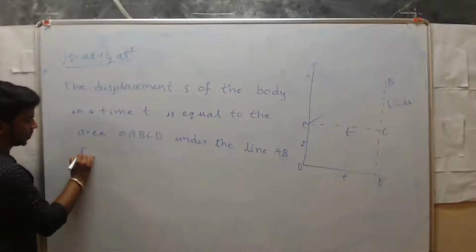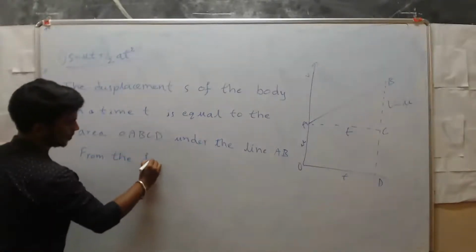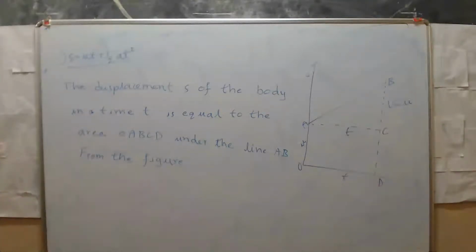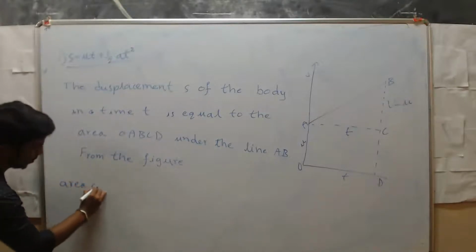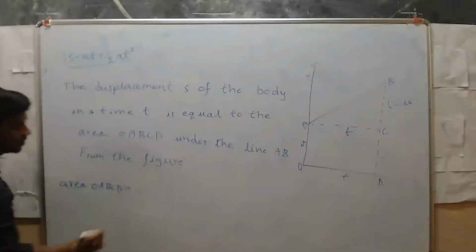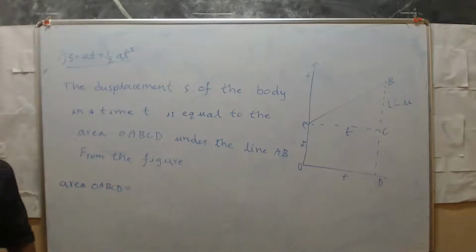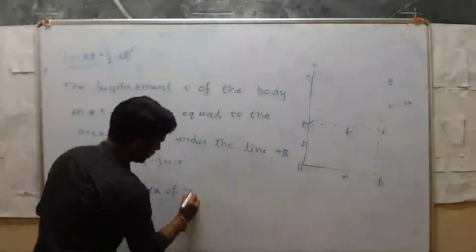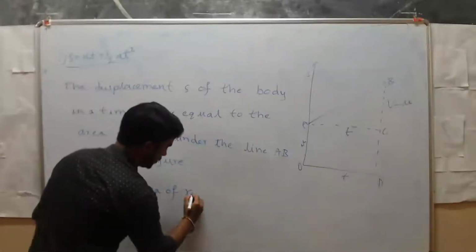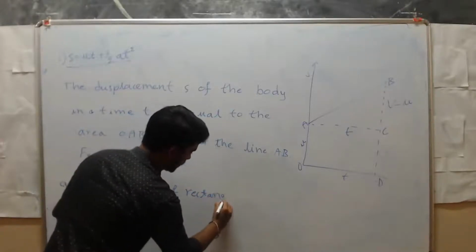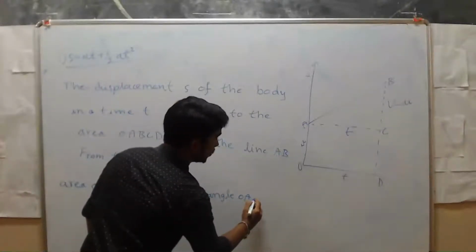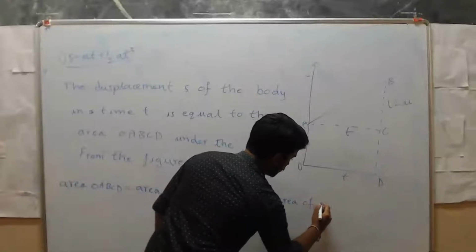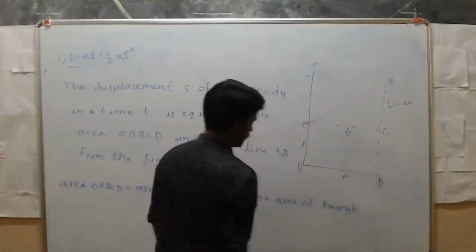Then from the figure, you can write area OABCD equal to area of rectangle OACD plus area of triangle ABC.